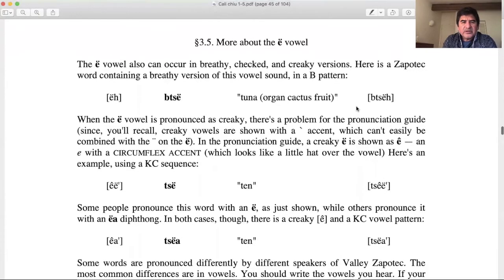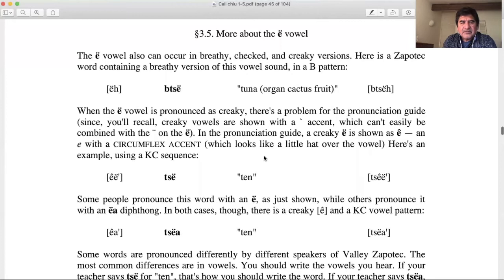And then when we have the creaky vowels in that vowel, what we do is that we represent it with a hat right here. Okay, so it's tsu, tsu. So we have a creaky vowel and a check vowel. Tsu.